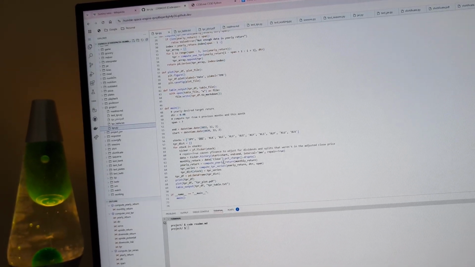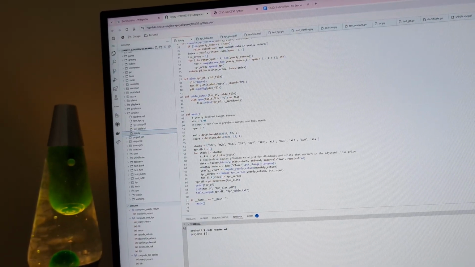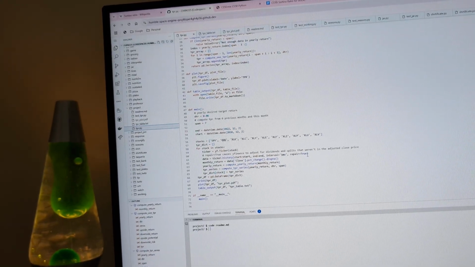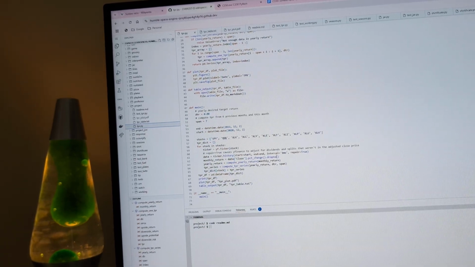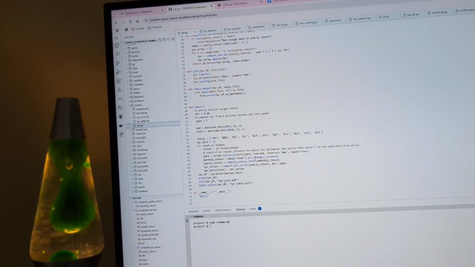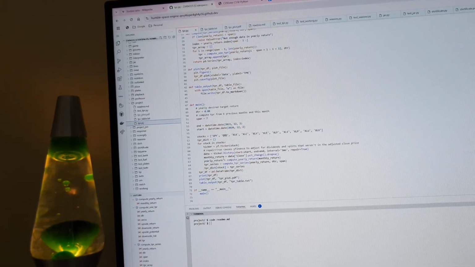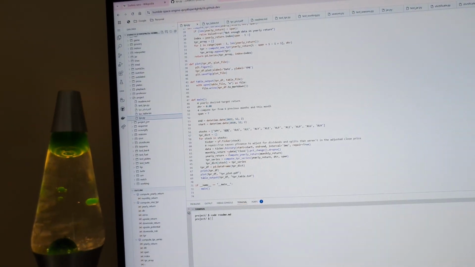So what I did in this program is I first go to Yahoo Finance and download the history from the starting month to the end month. And then for each month, the return is a series. It's a data frame in pandas.